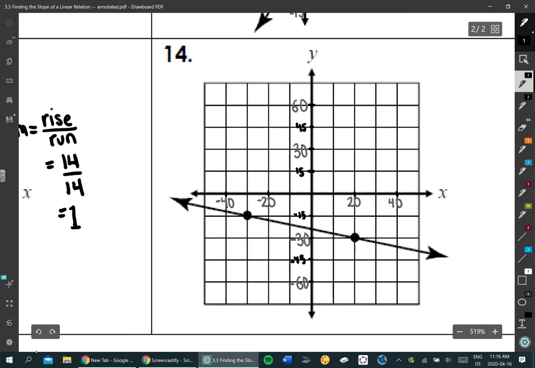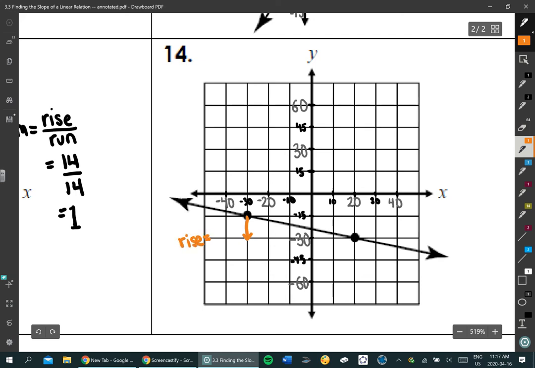And then on our x-axis, what are we counting by? Again, every second line, we're counting by 20. So that means between 20, that must be 10. This must be 30, right? We figure out what we're counting by. Okay? So let's do it. This is a negative slope. It's going down. So our rise is negative.